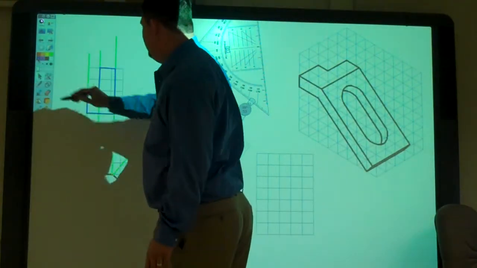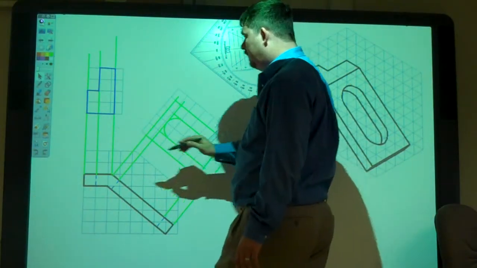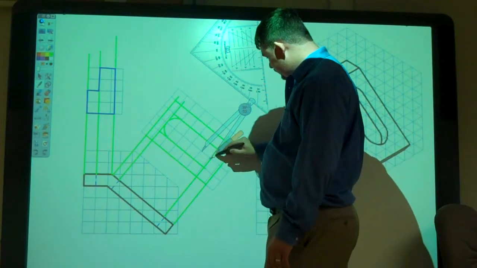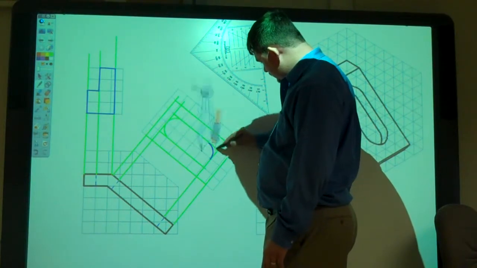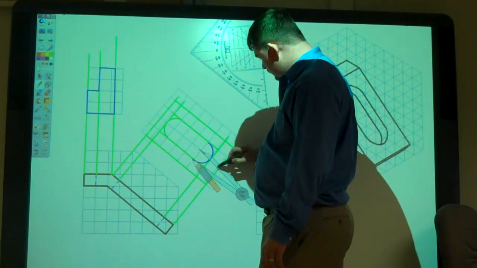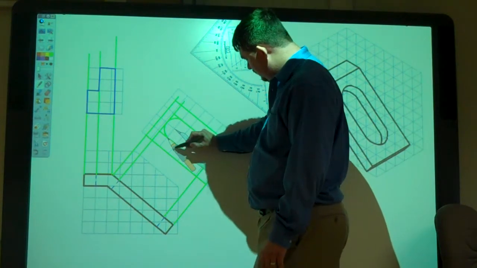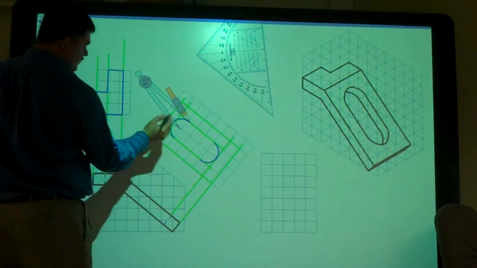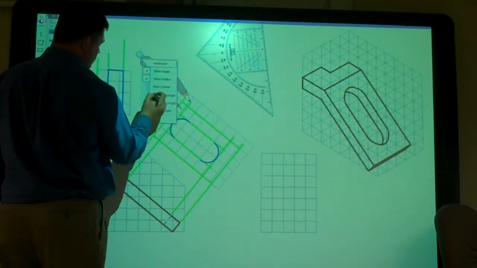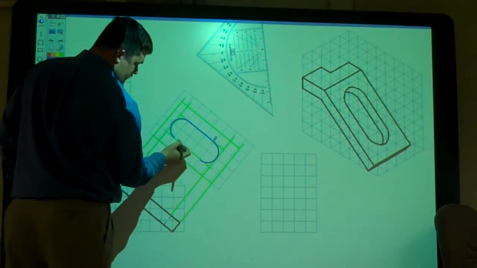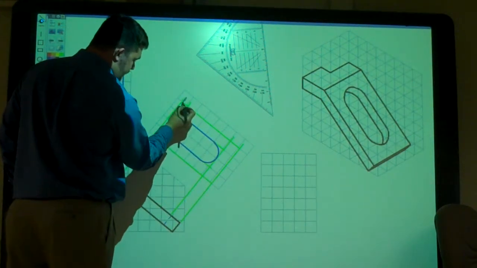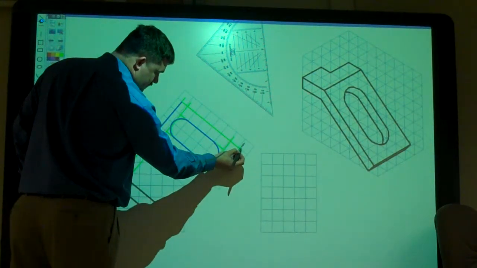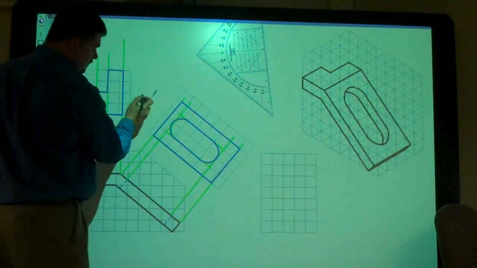Sure, I'll change that color. There it is.